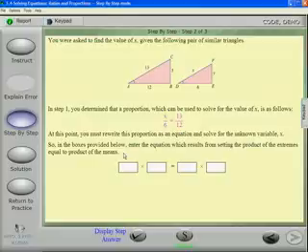Then what they're doing from here is saying you could cross multiply. Now, cross multiplication is a trick. We can do what they're saying here, but keep in mind that what's really happening is that you're technically multiplying both sides by the product of these two numbers, a common denominator.